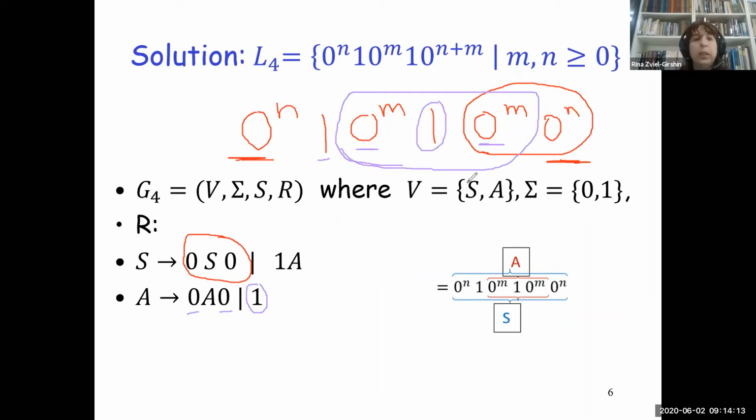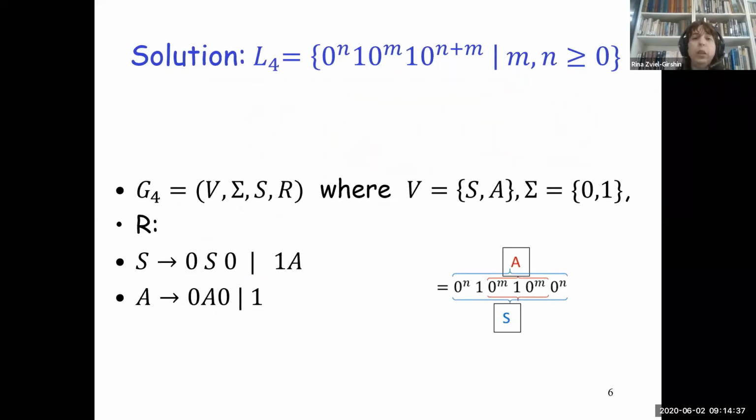So this language is relatively simple if you know how to divide it, 0 in power of n plus m. If you rewrite it as 0 in power of m concatenated with 0 in power of n, then the solution is relatively simple. Any questions?